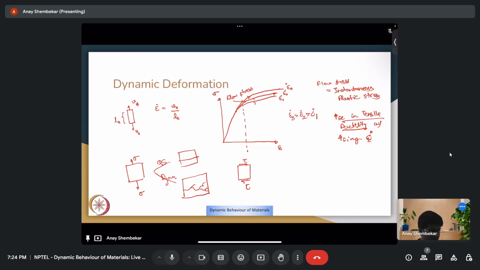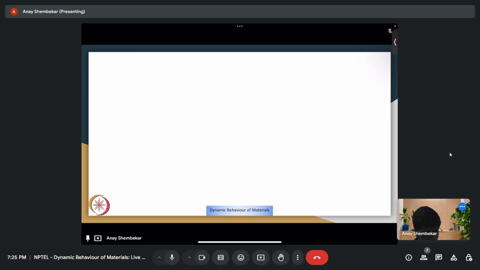And another thing is that suppose I have a rod like this, fixed at one end, and the force F of t is applied.